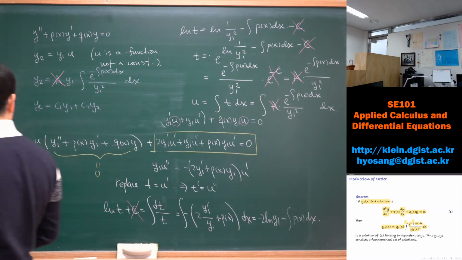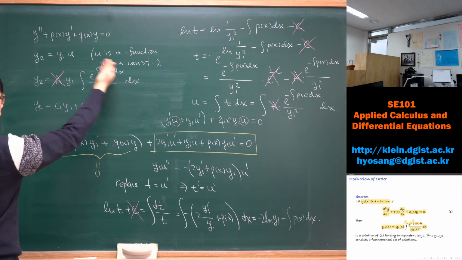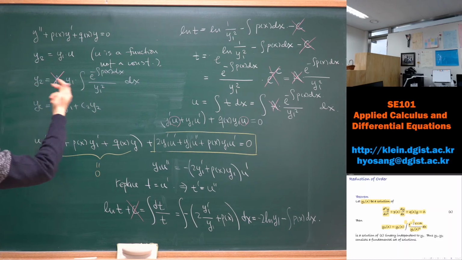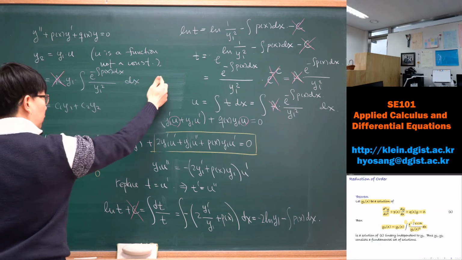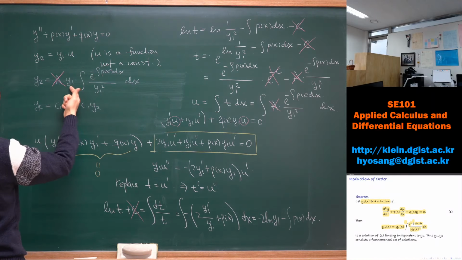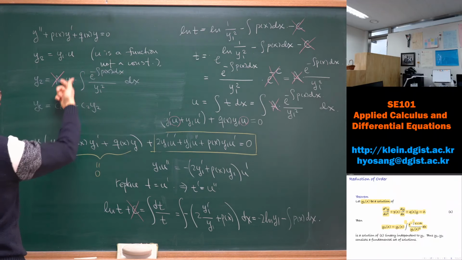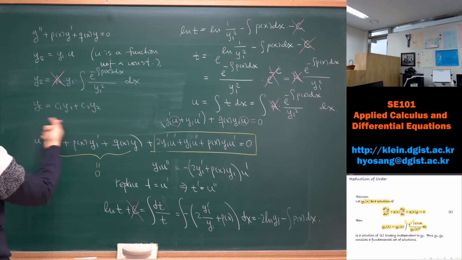So here's the formula. y2 is given by this formula. So what happens after I compute the integral, if I put the plus c here? Then it simply makes y2 this function plus some constant times y1. And I put the complementary solution.